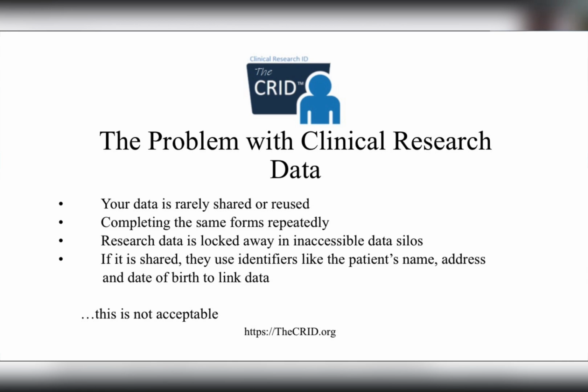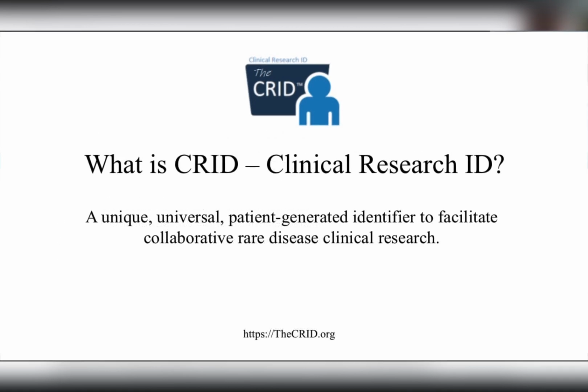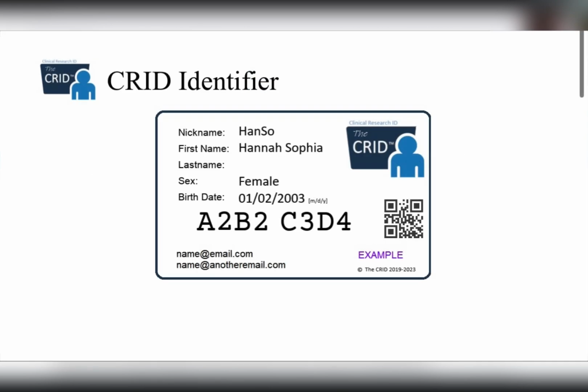So what is CRID? CRID stands for Clinical Research ID. Its definition is a unique, universal, patient-generated identifier to facilitate collaborative rare disease clinical research, a bit like a social security number, just for clinical research. So this is what a CRID looks like.